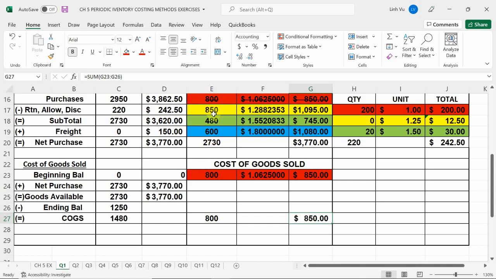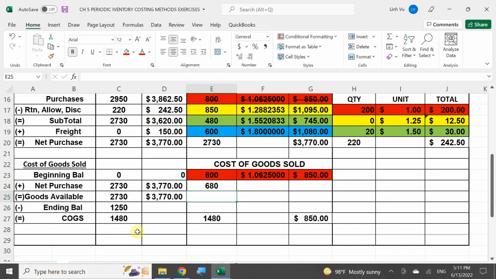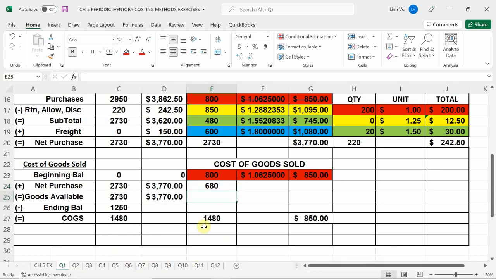If I sell out all 850, that's going to give me more than what I need to sell. So I can do my simple math here, saying I have 1,480 and I've sold 800 units already. So that means I need to get a total of 680 units to get to my grand total of the 1,480.